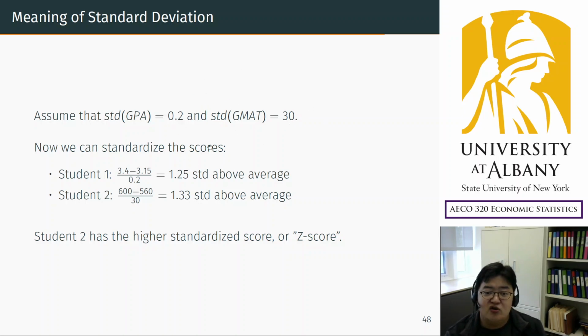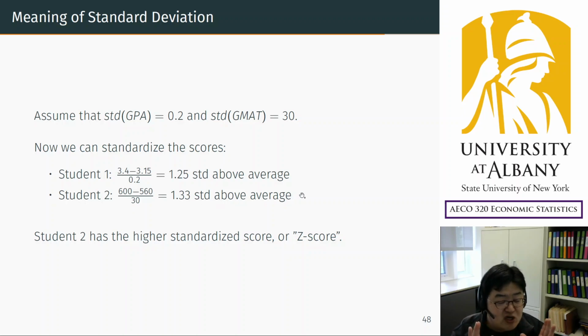Now you may standardize the scores this way. The first student had a GPA of 3.4 and the average GPA was 3.15, which is 1.25 standard deviations above average. You may think of it like inches, 1.25 inches above the center. So it's like a unit. And the second student is 1.33 standard deviations above average.